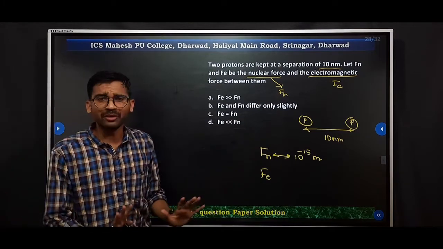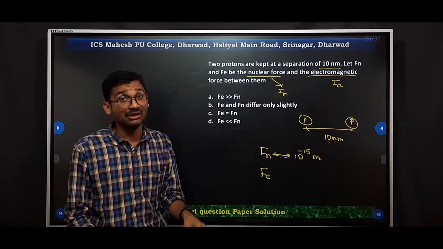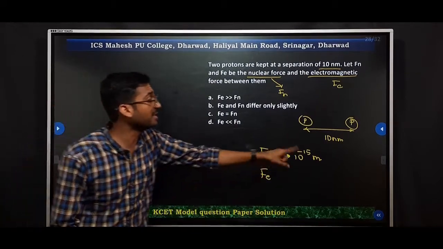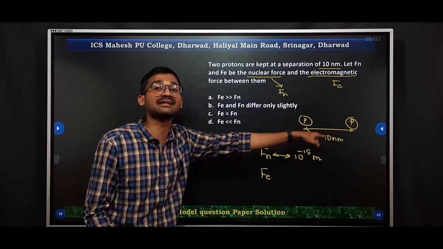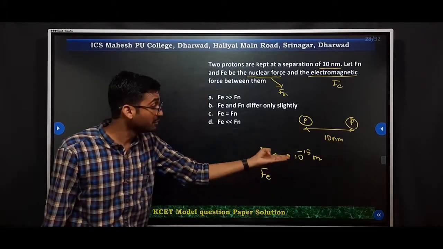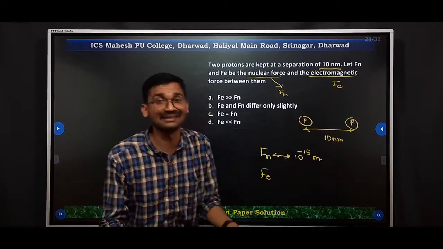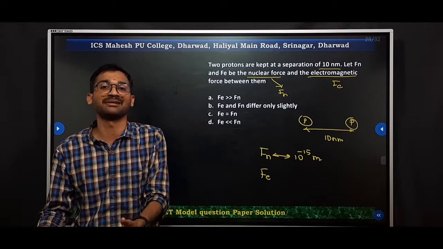Now, one point is clear: nuclear force exists between charges which lie at a distance of 10 raised to minus 15 meter. But in the given data, the charges are kept at a distance of 10 nanometer, which is much greater than this. Therefore, there is no question of existence of the nuclear force between them.